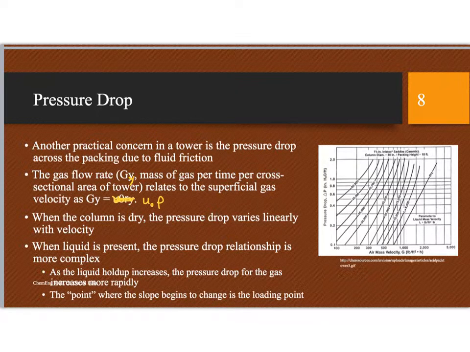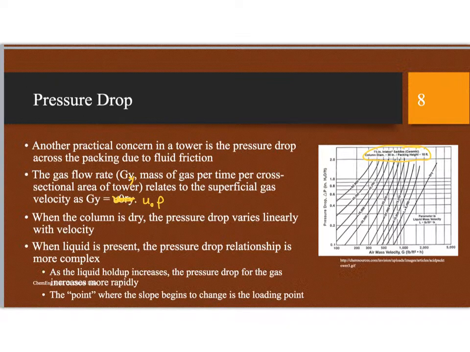There's a great website, chemiresources.com. You should probably add this to your set of things that you know about. But so this shows pressure drop compared to air mass velocity. And in this particular case, it's for a type of packing, which are interlock saddles made out of ceramic, okay?